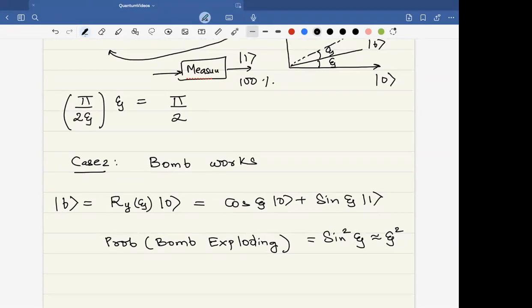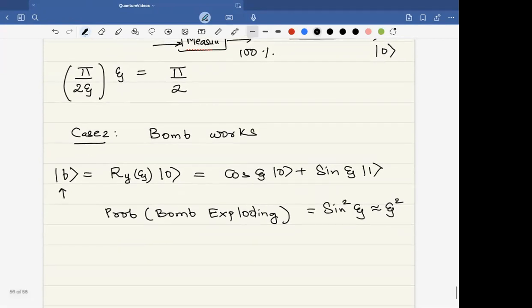So we rotate the ket 0 vector, and we get back to our original state B. Instead of rotating B again, we are just back to the original state ket B.